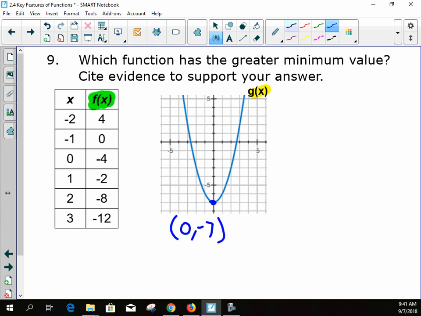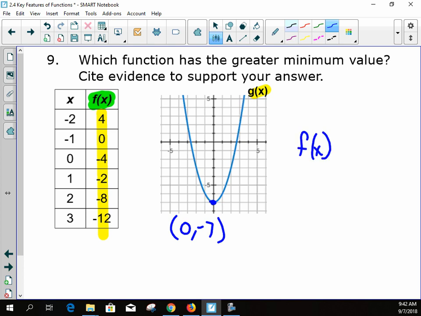How am I going to find my minimum for f? What can I look at? I can look at my y values, can I? The smaller the y value, the smaller the minimum. So which one has a smaller minimum? Or a greater minimum, sorry.